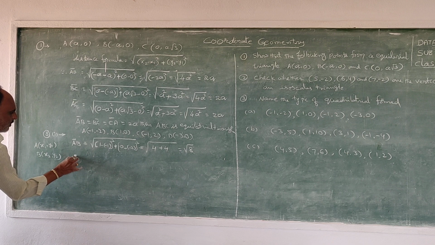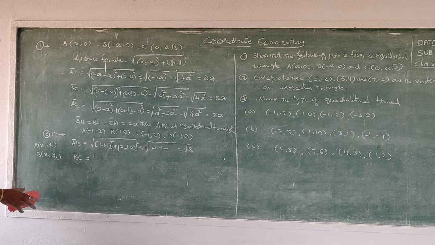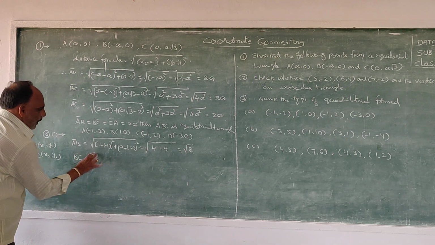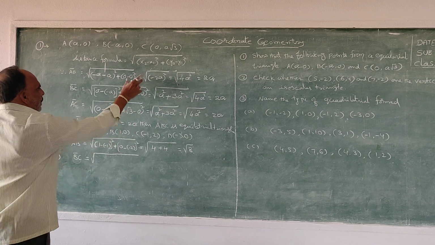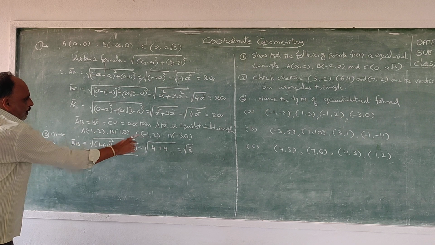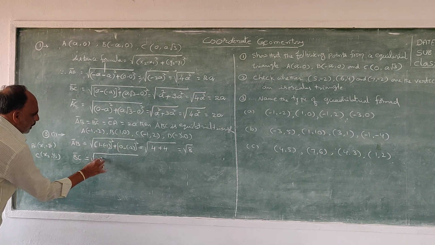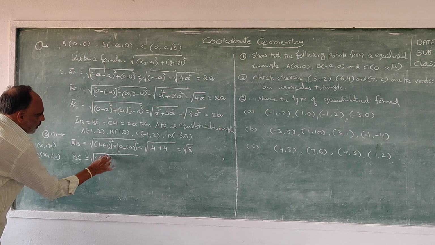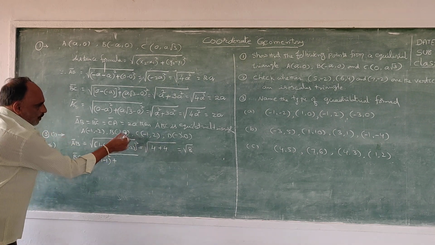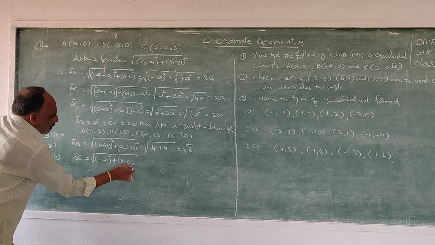And next one, the length of BC. To compare, B is (x1, y1) and C is (x2, y2). The formula is the square root of (x2 minus x1) whole square, so x2 is minus 1, x1 is 1, (minus 1 minus 1) whole square, plus (y2 minus y1) whole square, y2 is 2, y1 is 0, so (2 minus 0) whole square.